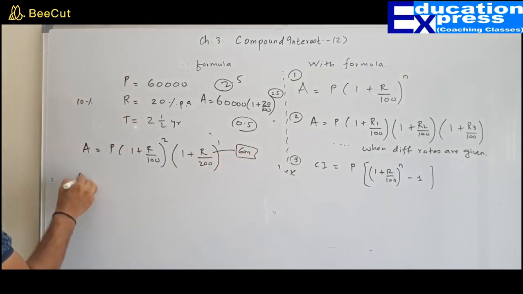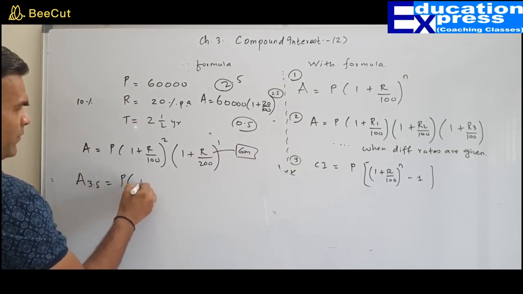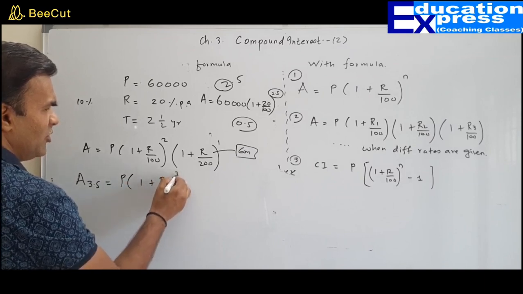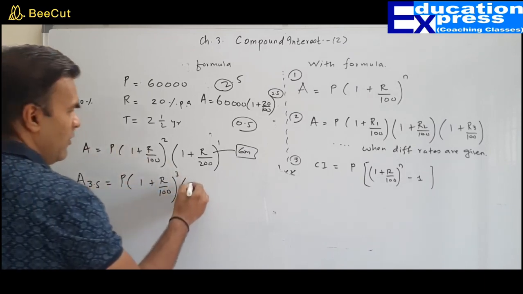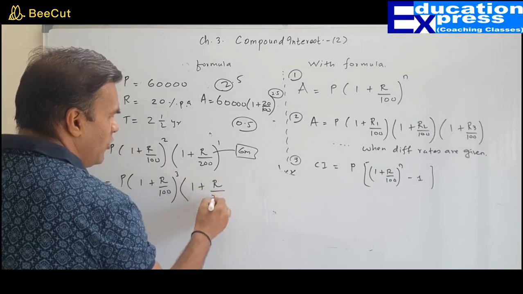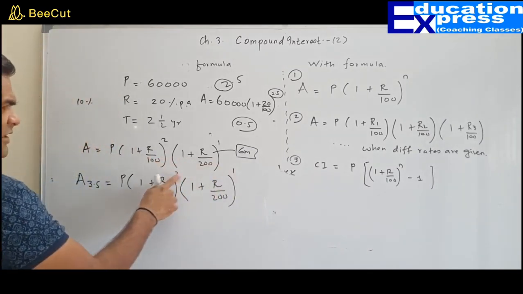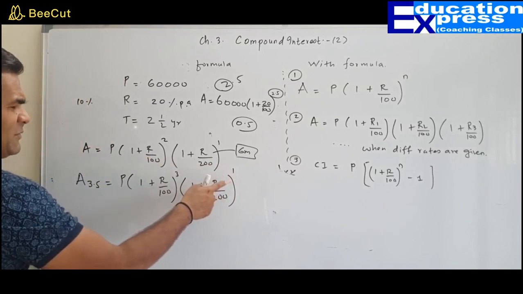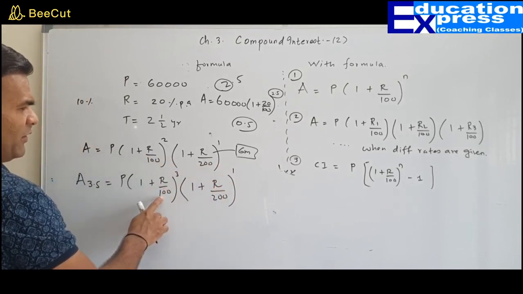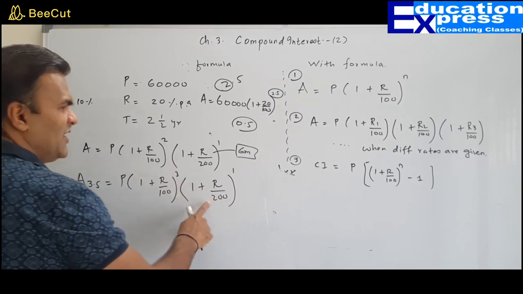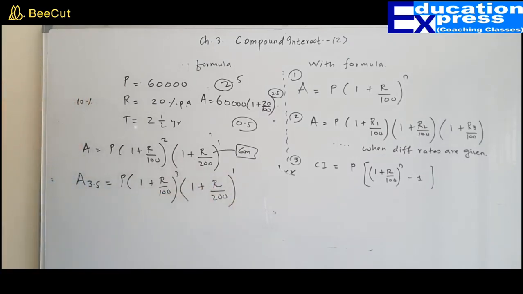Supposing you want to find the amount at the end of 3.5 years, our answer would be P, 1 plus R upon 100 raised to 3, 1 plus R upon 200 raised to 1. This is 3 years and this is 6 months. Why 6 months? Sir, if you take per 100, it is for 1 year. You have taken 200, so half of 1 year, 6 months. Every 6 months the answer would be this.